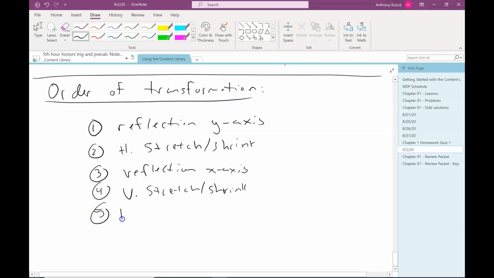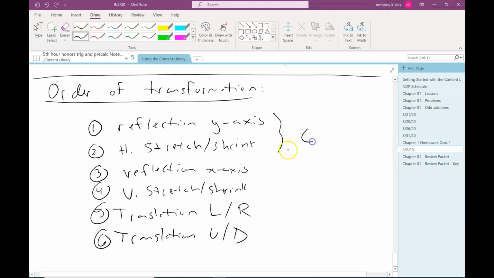And then your translation left or right. And lastly, your translation up or down. So the order in which we're considering these coefficients is the first things we do is talk about what C does, and we do what A does, and then H, and then K.